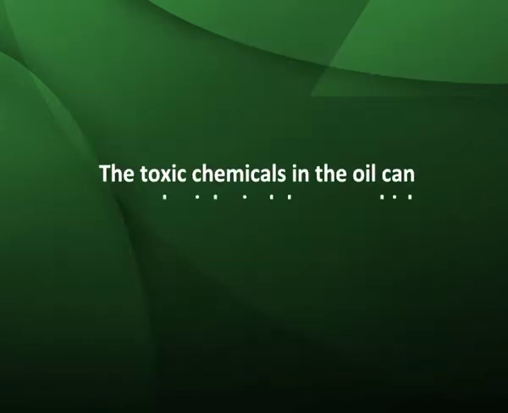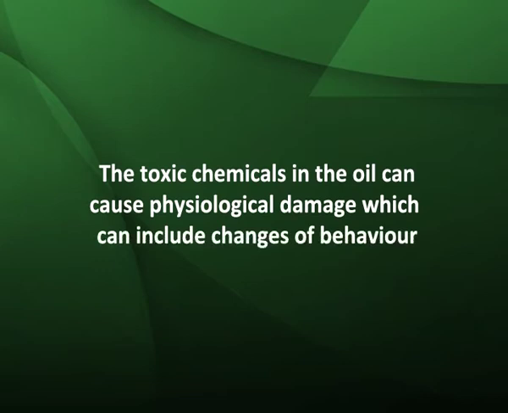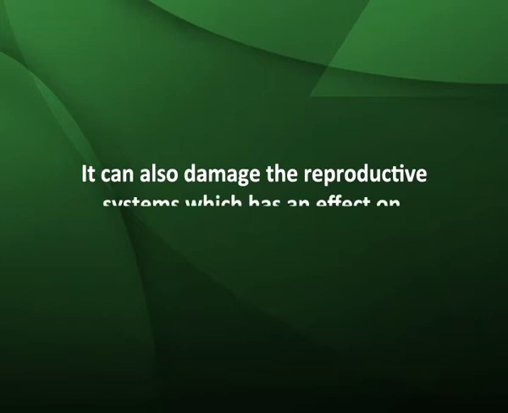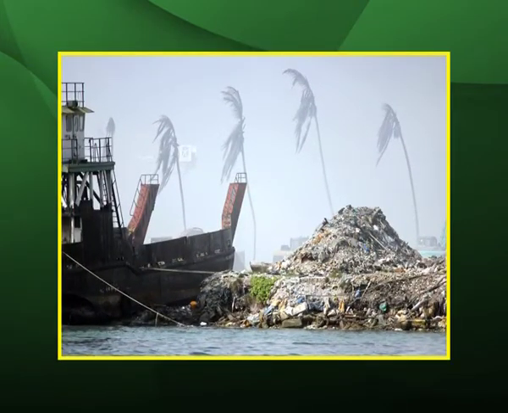The toxic chemicals in the oil can cause physiological damage, which can include change of behavior. It can also damage the reproductive systems, which has an effect on the population of a species. It is also an eyesore, and tar balls created on beaches are very difficult to clean up.